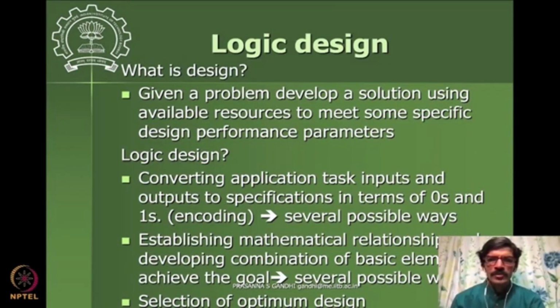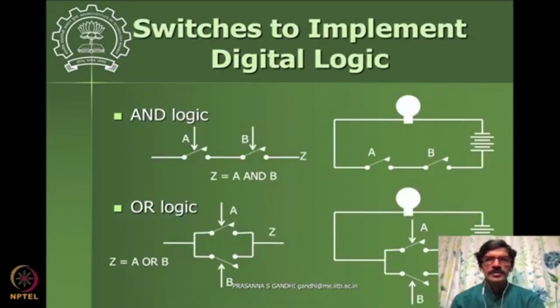So let's see simple logic that you have learned. It's a little bit of revision here, but it's good to do so that we can get some fundamental aspects of logic design touched upon. For example, AND logic you can simply implement by these two switches that you see here.